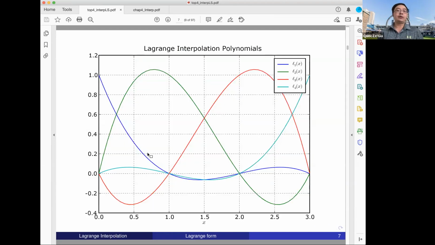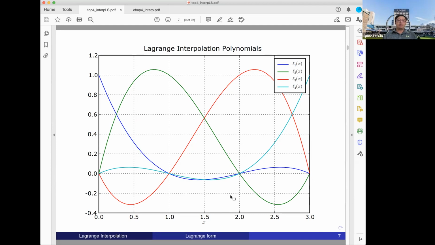And if you plot it, L1 looks like this. L1, the blue curve, equals 1 at 0. And then at 1 it equals 0, at 2 equals 0, at 3 equals 0. Then L2 is the green one. The green one equals 0 at 0, then equals 1 at 1, equals 0 at 2, equals 0 at 3.